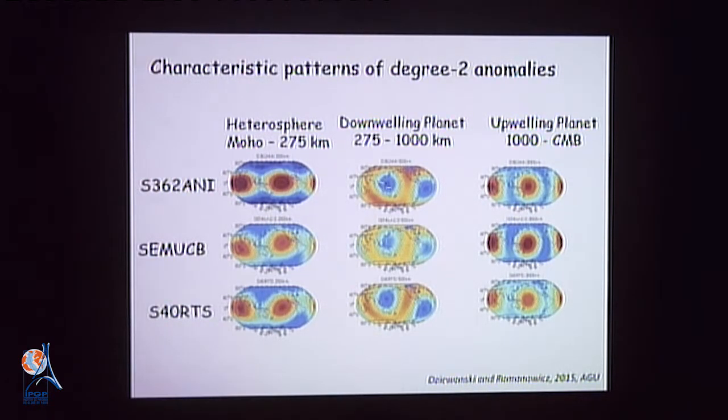You see this shift in phase, right? The maxima are shifted with respect to each other. So again, this is interesting because we never saw this, but it is pretty clear even in the very standard models.